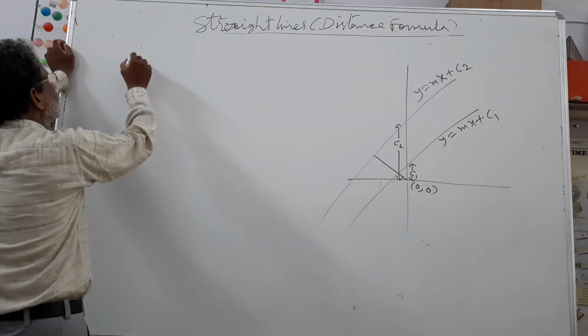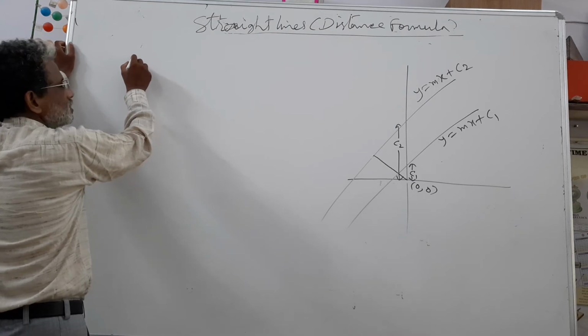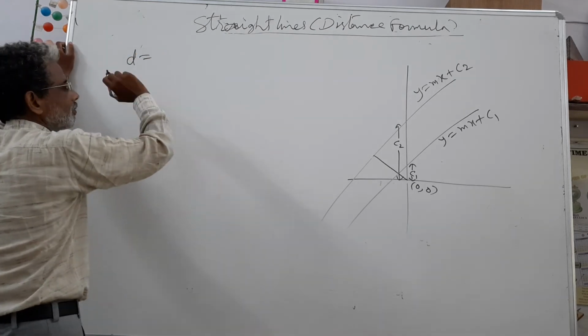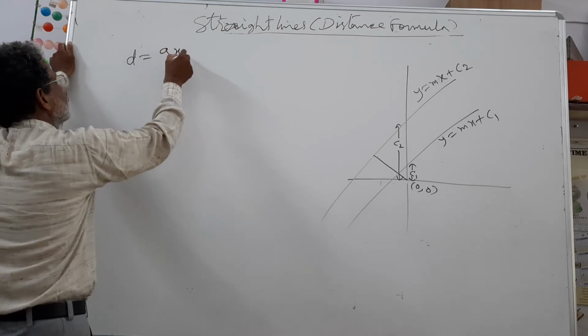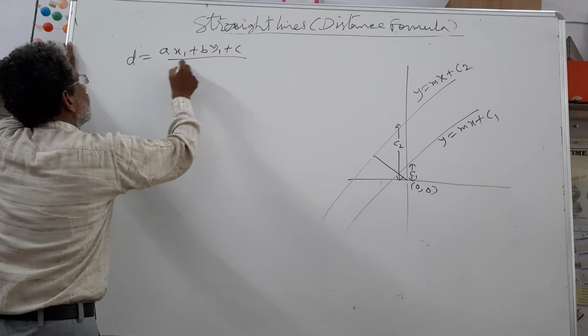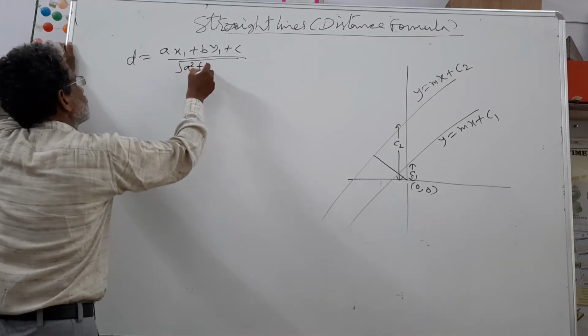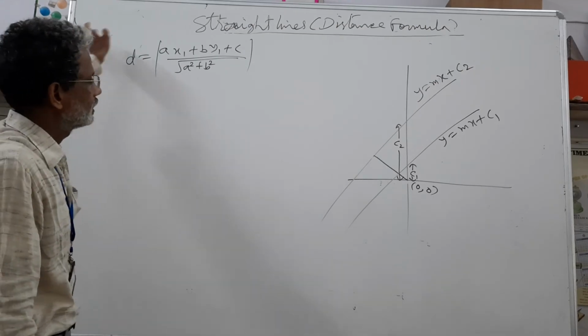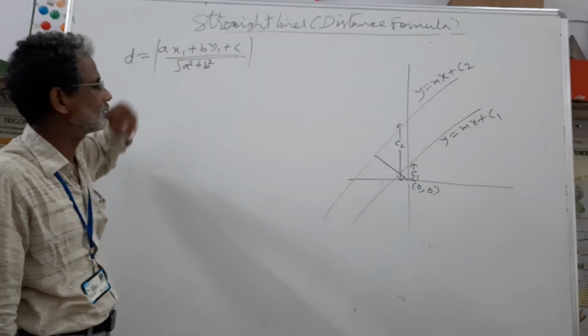So as you know, the distance of any point from a line is (Ax1 plus By1 plus C) upon under root A square plus B square. Here (x1, y1) is (0, 0).